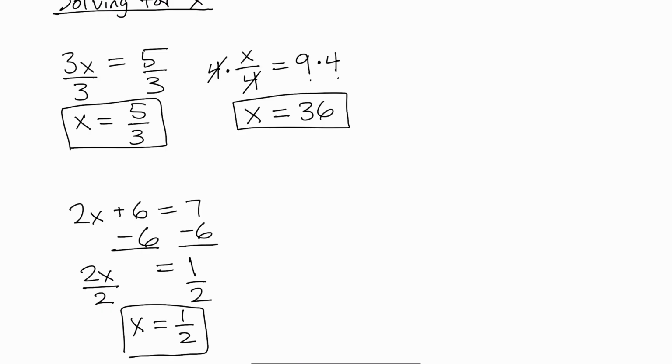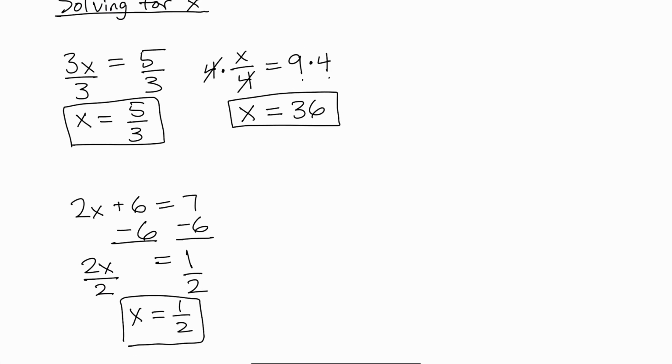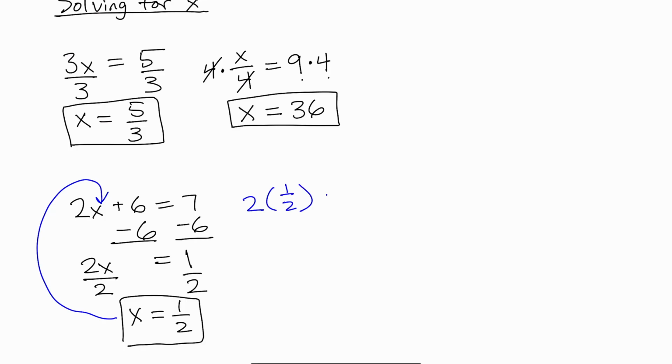Awesome. Now let's pause for a second. I'm going through the steps kind of fast, but we should probably check our work. We can do so by plugging what we got for x back into the original equation. Let's do that. We would get 2 times 1/2 plus 6 equals 7.